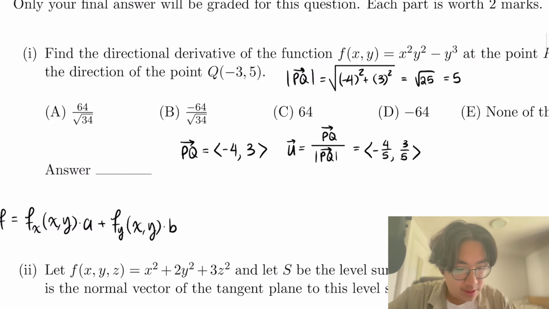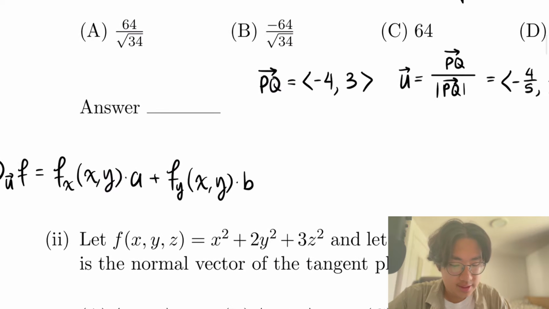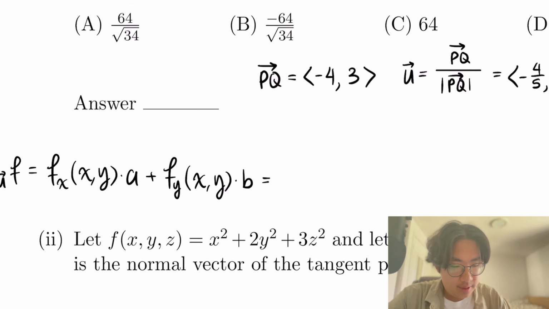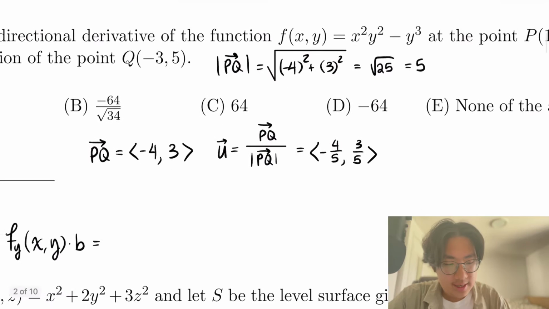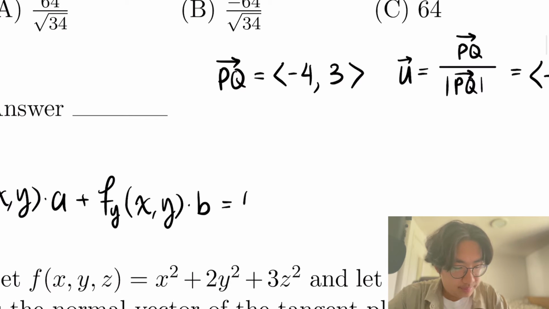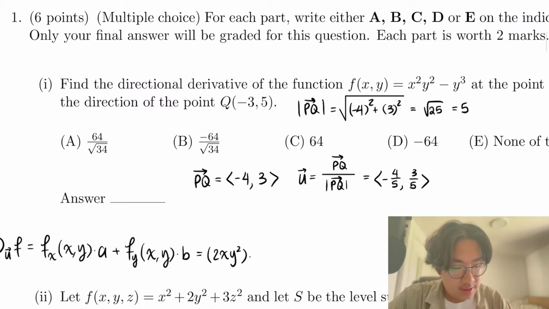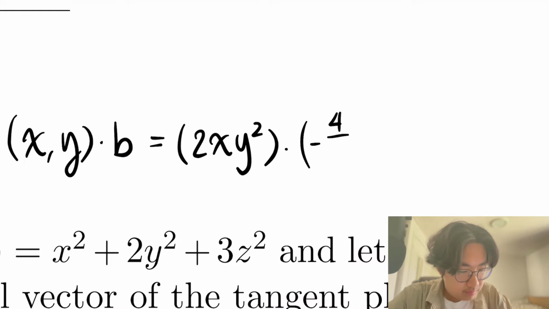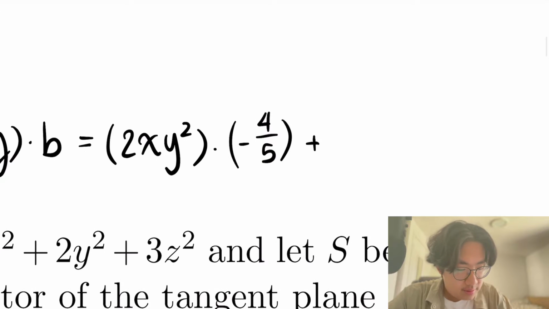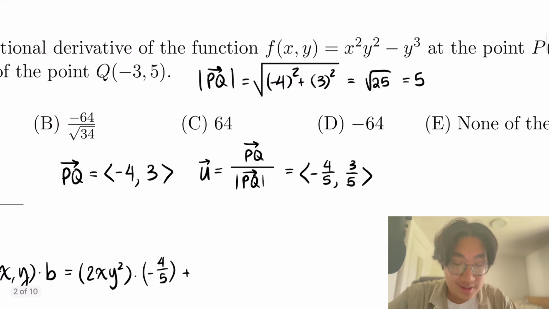Okay, next we need to compute the partial derivatives. Hopefully you're already comfortable with computing partial derivatives, so I'll just verbally go through it. So f sub x, or the partial derivative with respect to x: this is the only term containing x, so this goes to 0. In this case here, we have 2x and then times y squared, which we treat as a constant. So we have 2x y squared times the first component of the unit vector, so -4/5, plus, and now we're looking for the partial derivative with respect to y.